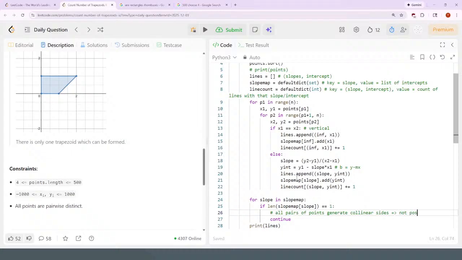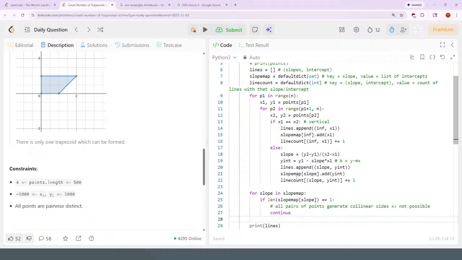Not possible. Otherwise, I need to look at the counts. Determine combinations.